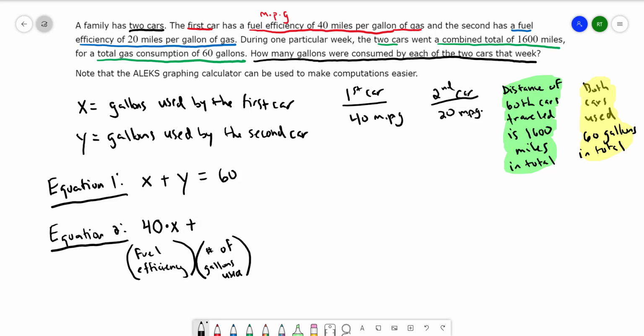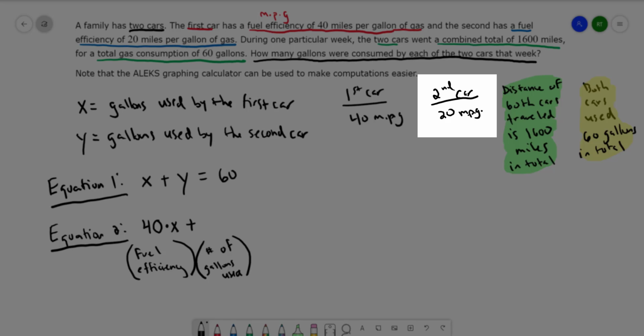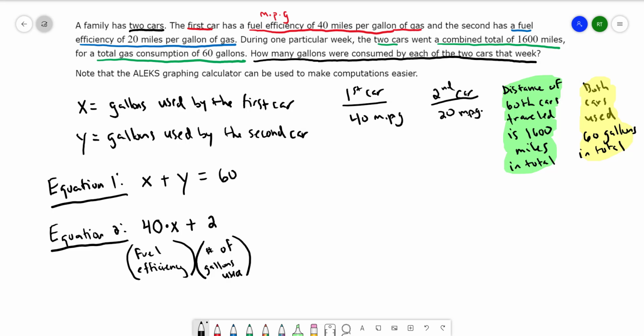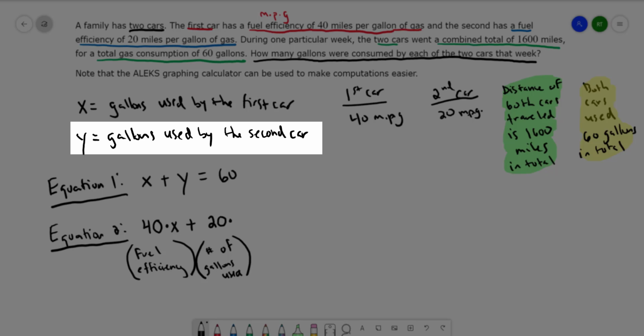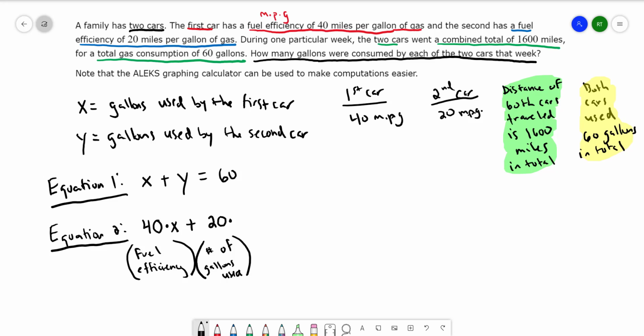The total distance traveled by the second car is found by taking its fuel efficiency, 20 miles per gallon of gas, and multiplying it by the number of gallons used by the second car, which is represented by the variable Y. And that is going to equal a total of 1,600 miles.